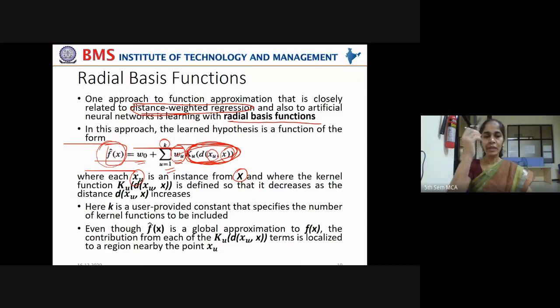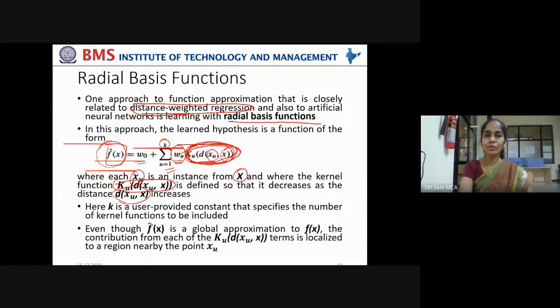Okay, so this Ku of d(xu, x), that is the distance between xu and x, the function of that, Ku, is called the kernel function, which is defined so that it decreases as the distance of the new instance from the existing instance increases. So it is like a reciprocal.